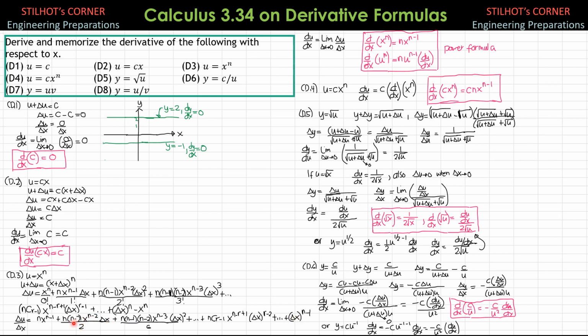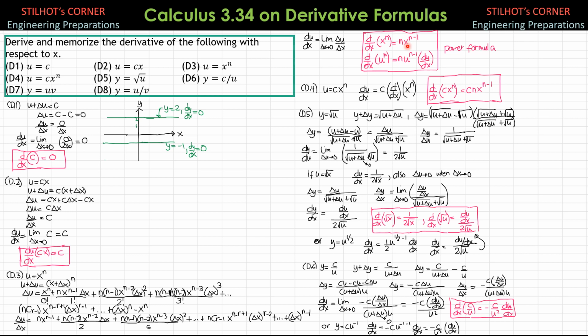Since du/dx is the limit of delta u over delta x as delta x approaches 0, from the second to the last terms, all this will be 0, and what remains is n x to the n minus 1. Therefore, du/dx, the limit of delta u over delta x as delta x approaches 0, is equal to n x to the n minus 1.